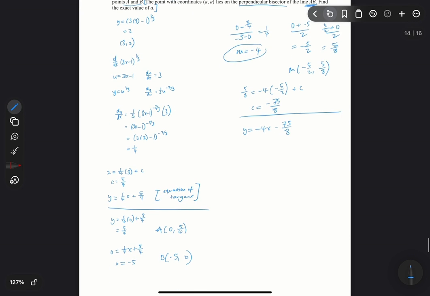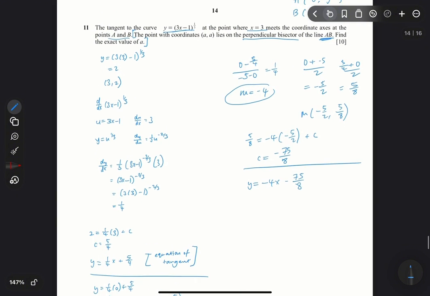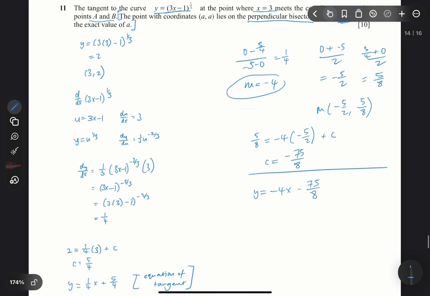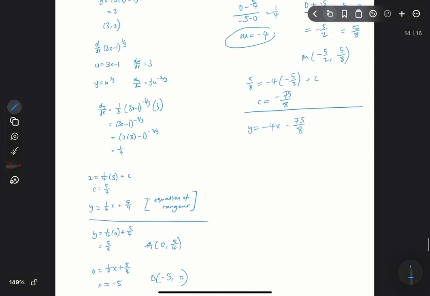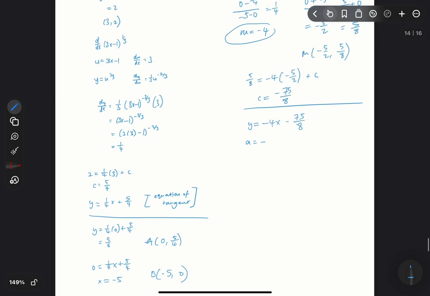This would be the equation. But since they want the point with coordinates A, you can just sub it into the equation. And A would be minus 15 over 8.